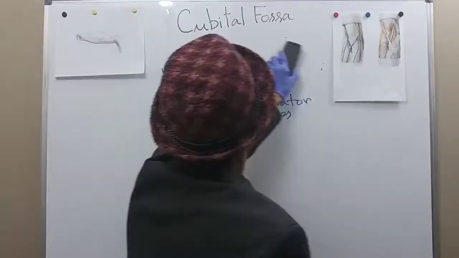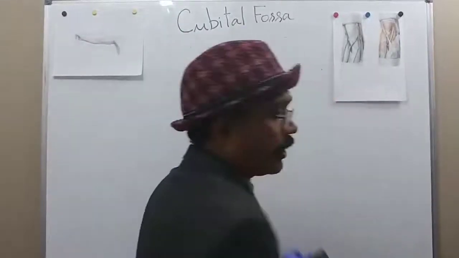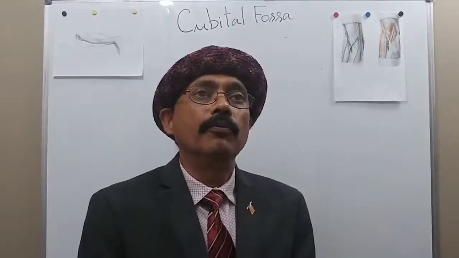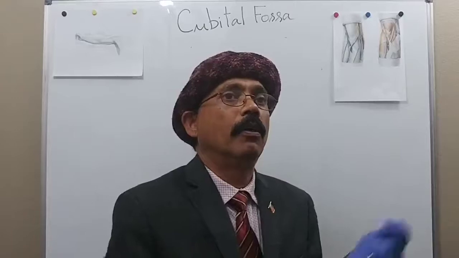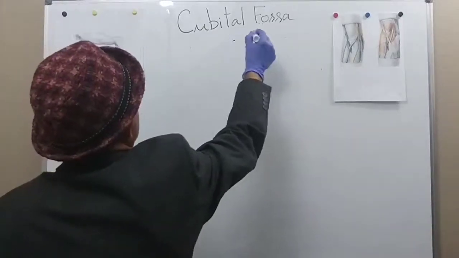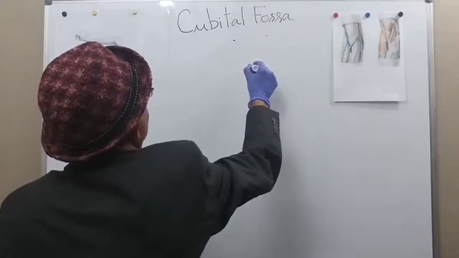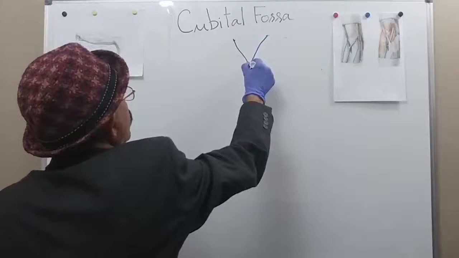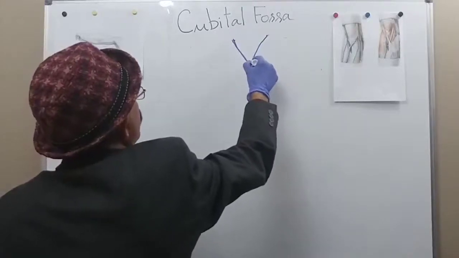Okay, now we'll go to find out what structure forms the roof of this triangle. Okay, this is the brachioradialis, this is the pronator teres.